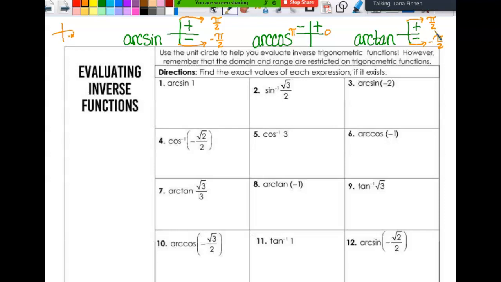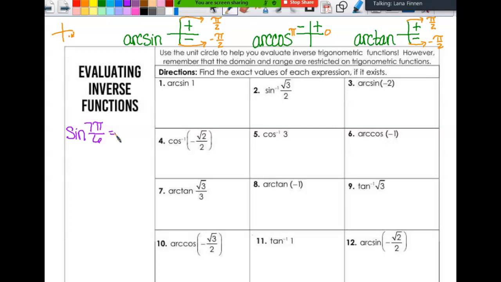And here's what I mean by making sure your answer fits into those values. I'm going to do a little example over here first. If I asked you for the sine of 7pi/6, so this is not an inverse one, this is just an old one, like a question I'd ask you at the door. What is the sine of 7pi/6? The first thing I would think is, for pi/6, sine is 1/2.